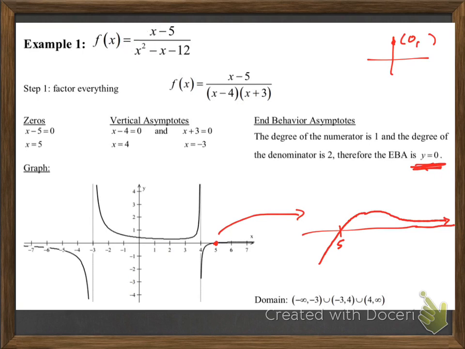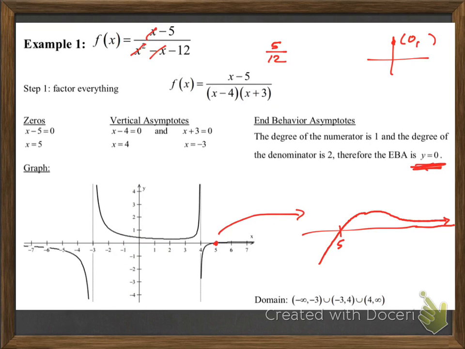Well, if you put 0 in for x, this term goes away, that term goes away, and that term goes away because they would all be 0. So that means you have -5 over -12, which would be 5/12. That is your y-intercept. That's just a little bit less than a half, and you can see on your graph that's where it crosses the y-axis, just a little bit less than a half right here.